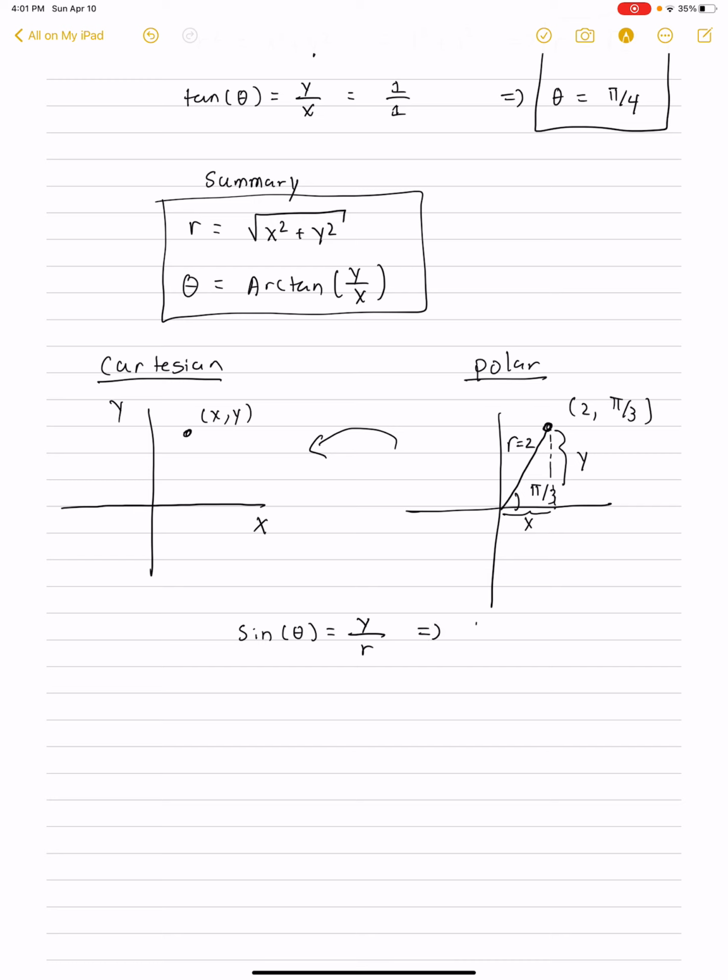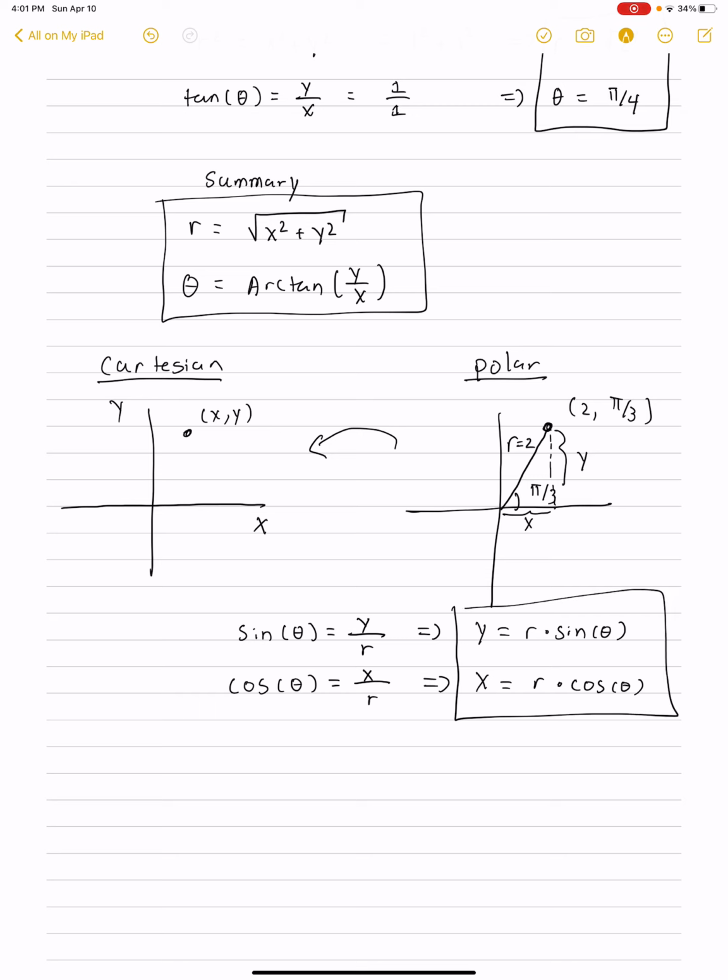So that tells us y is equal to r times the sine of theta. Similarly, we have cosine of theta. Remembering our trigonometry, it is going to be adjacent, which is x over r. So x is equal to r times cosine of theta. Okay, so there we go. That's how we convert from polar to Cartesian.